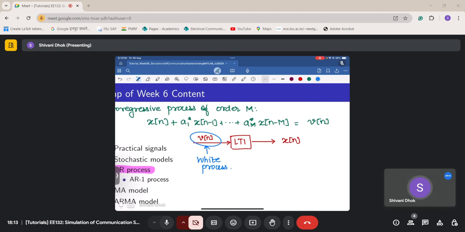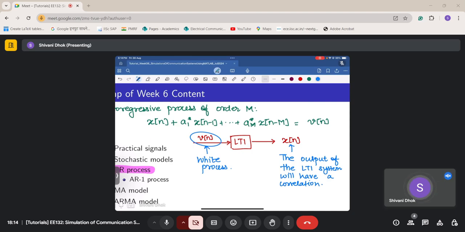However, this x of n that we are obtaining here will have a correlation structure. The output of the LTI system will have a correlation structure. And one such approach that gives us this as an output is the autoregressive process.